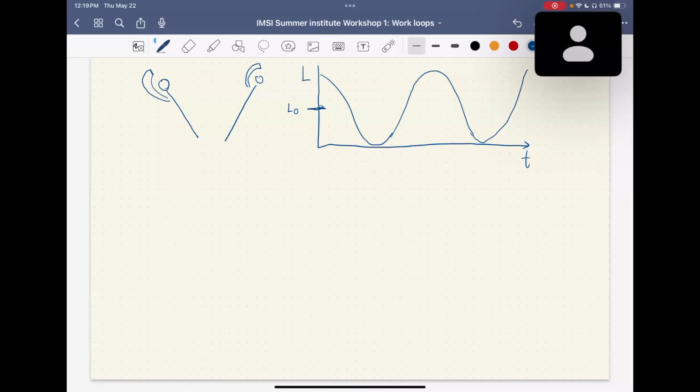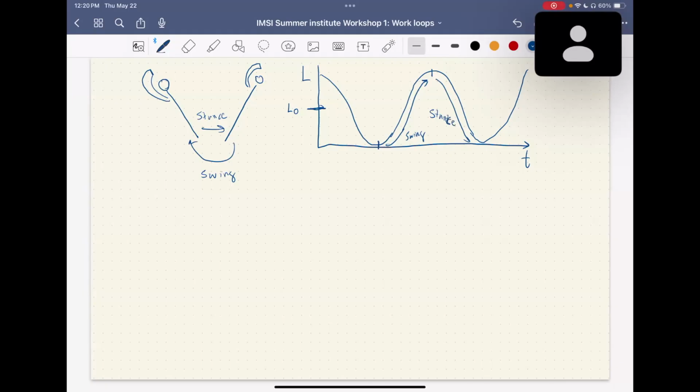The part of the stride where this muscle is lengthening is the swing part, where the leg is swinging back to its front position. So going from here to here is stance, and going back is swing. The muscle is going to shorten during stance.